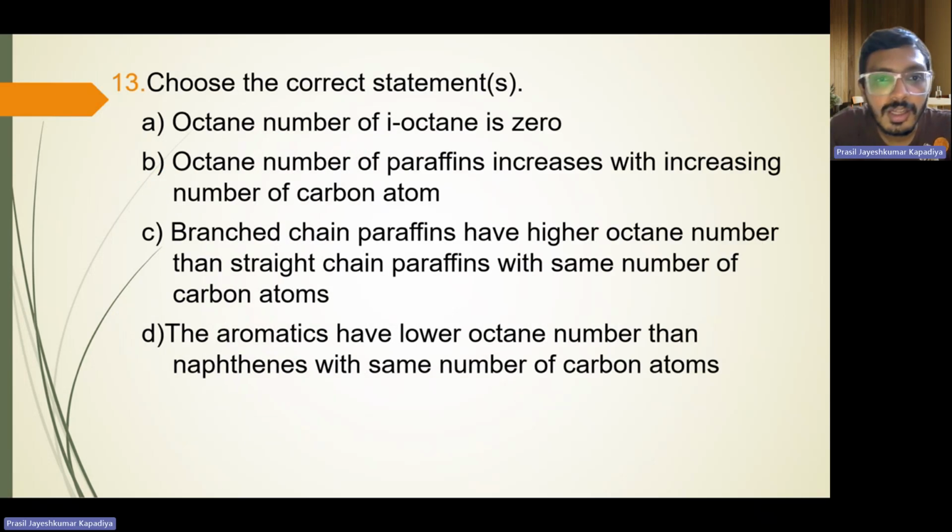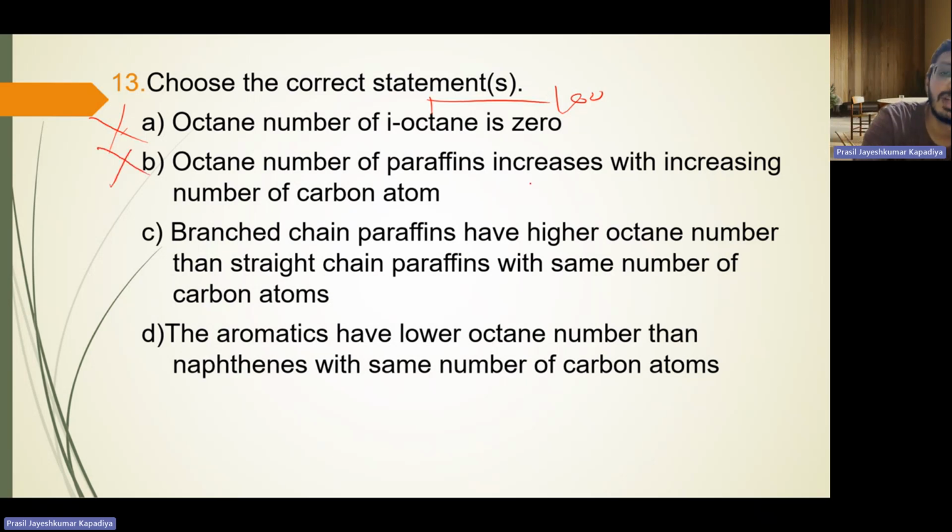Choose the correct statement. The first statement is the octane number of isooctane is 0. This is completely wrong. What is the octane number of isooctane? That is 100. The next statement is that the octane number of paraffins increases with increasing number of carbon atoms. This is also wrong; that basically decreases. The next option is branched chain paraffins have higher octane number than straight chain paraffins with the same number of carbon.